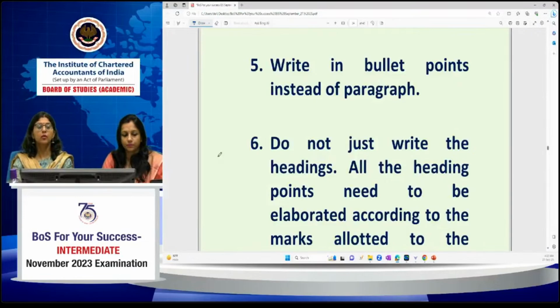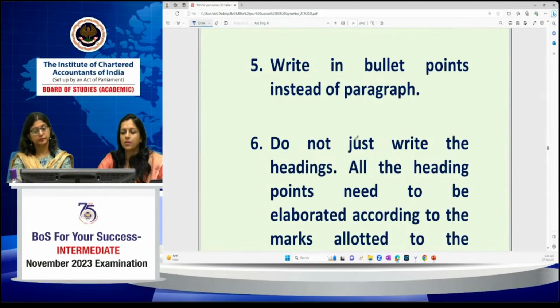Suppose you have given 7 to 8 interesting points, but if they are not readable, then marks allocation would be a problem. Sometimes you also forget what point you have written. When you have the 7 points in your mind, just make a bullet or number them yourself, A, B, C, and then start writing.